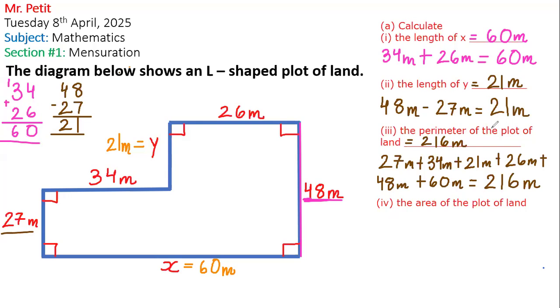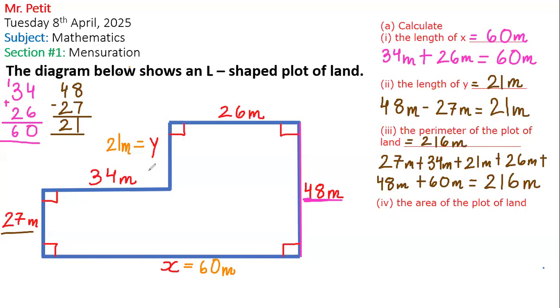Where's the 21? You're going to do 34, but 34 times 21 doesn't give you a rectangle. The rectangle I cut out of the bigger rectangle. So you're going to do 60 times 48 to find the bigger rectangle.